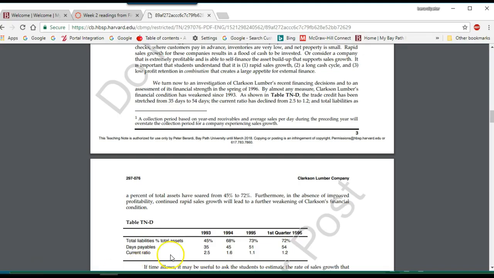Or you could use your days payables. Now, in the problem, Clarkson wants to go to paying a 2%, taking a 2% discount. If it's paying its vendors 54 days, there's no way we could take a 2% discount. Therefore, our payables DSO, which is the same as AR DSO, our payables is not going to be based on 54 days or 51 days in 1995.